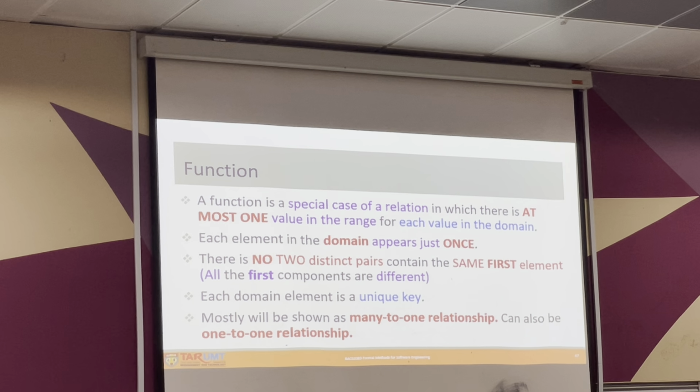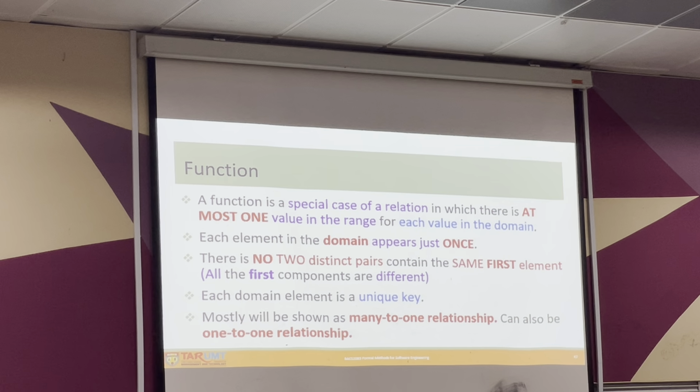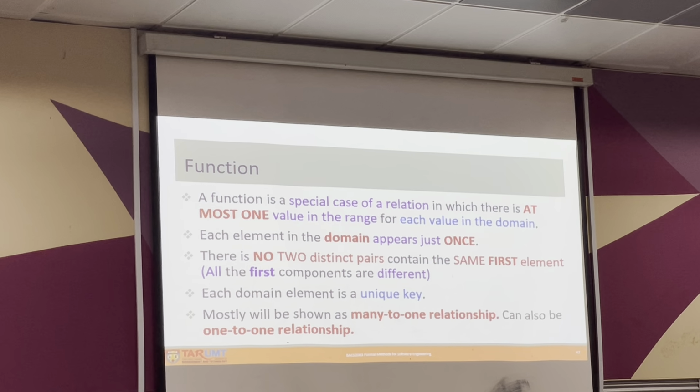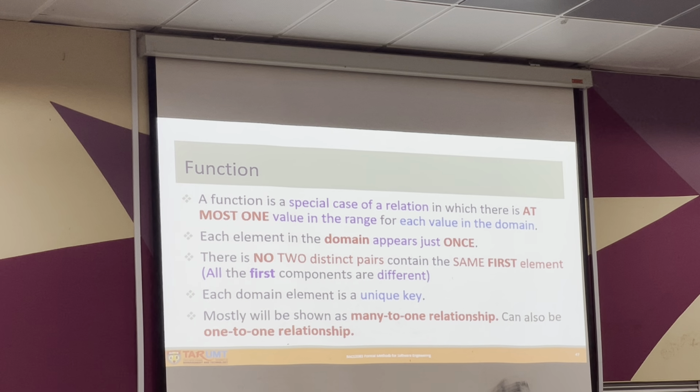Just now, like phone number, a staff can have two phone numbers. For a function, a staff has one phone number only. Another staff has one phone number, but this phone number can be shared by two staff, no problem. But one staff having one phone number means that in the database you can have the extension only, but maybe not the handphone number. One phone number for each staff only.